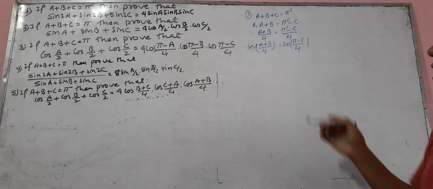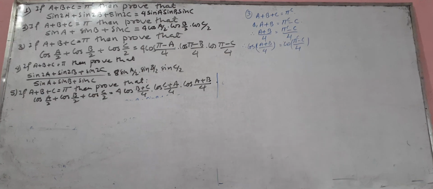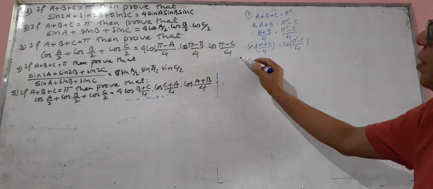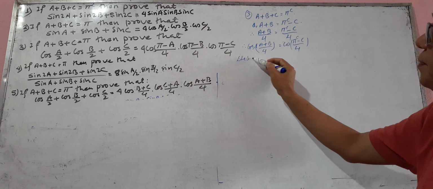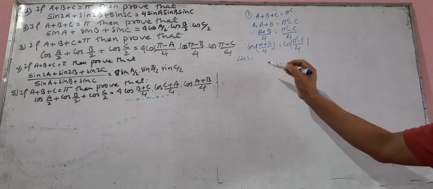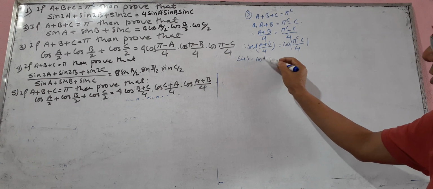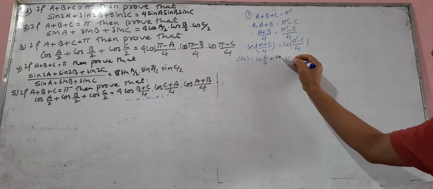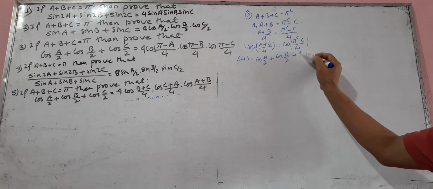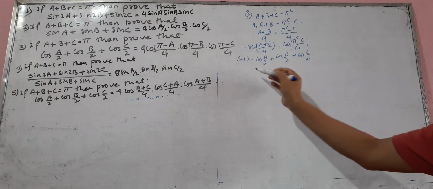Pi radian minus c by 4. Okay, now we start the left hand side. Look at the left hand side, that is cos a by 2 plus cos b by 2 plus cos c by 2.